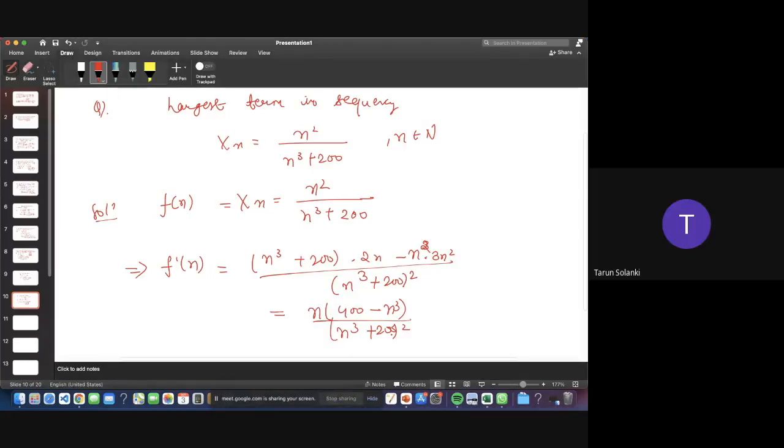So f'(n) is not equal to 0 for natural n, so f(n) has no critical point. So if we talk about f(7), you will get 49/543, or if we talk about f(8), which is 64/712 = 8/89. Here f(7) is greater than f(8), right? So the largest value is 49/543. Okay, so this is the answer.